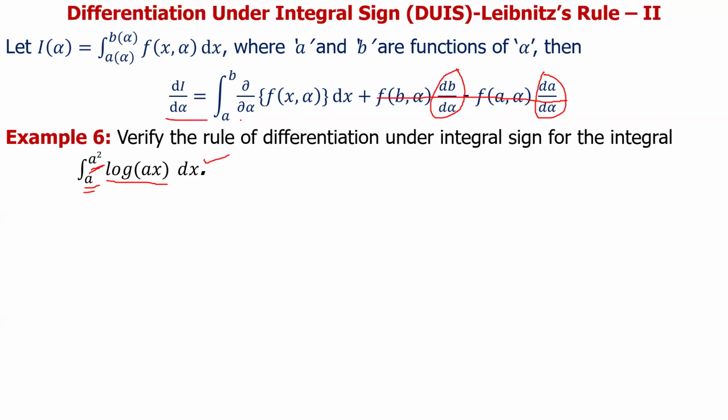So ultimately we get DUIS rule number 1. So Leibniz rule is the extended form of DUIS rule number 1, where the limits of the integral were constants. Now here, since the limits of the integral are not constant, we have to use DUIS rule number 2.